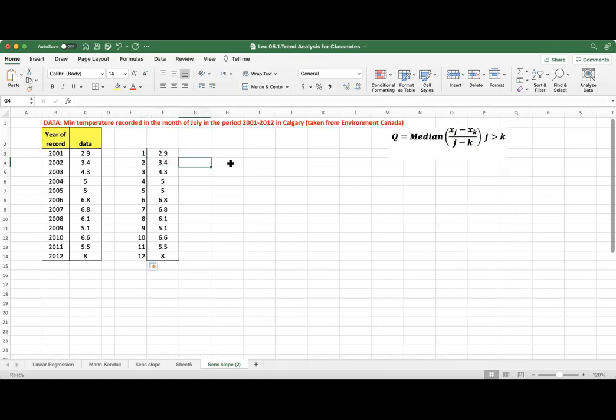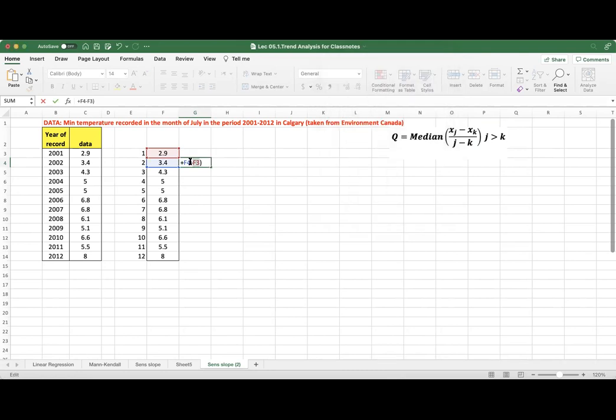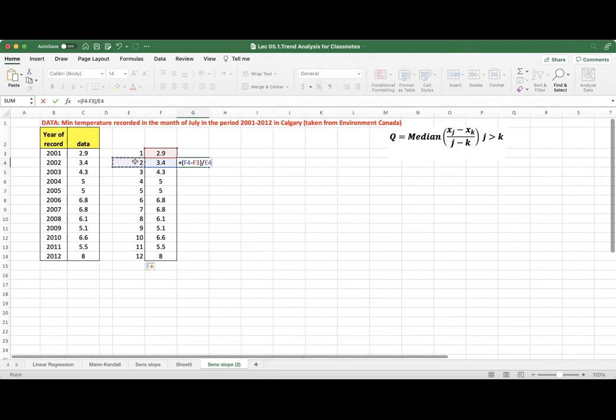In that particular case, I'm going to make the difference, and then I'm going to put a bracket here, and then say divided by this particular location, that means 2 minus this particular one, and then I'm closing with the bracket here.